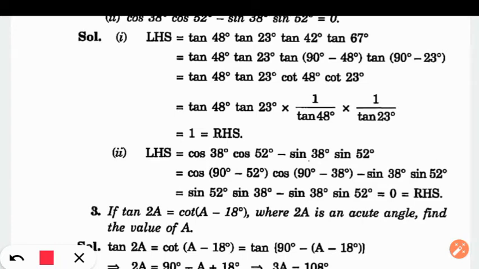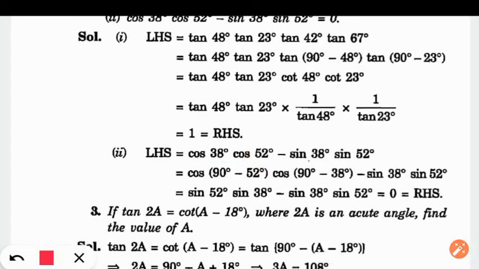If in the question we get a standard angle, we will directly write its value. We know the standard angles 0, 30, 45, 60, 90. 38 and 52 are not standard angles. So in that case, if two angles are complementary like 38 and 52, we can apply the formula there.